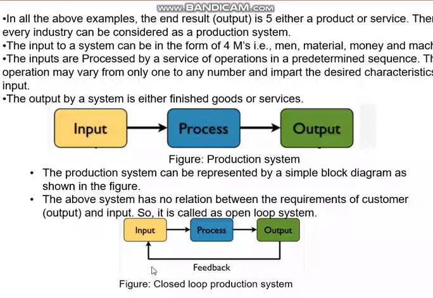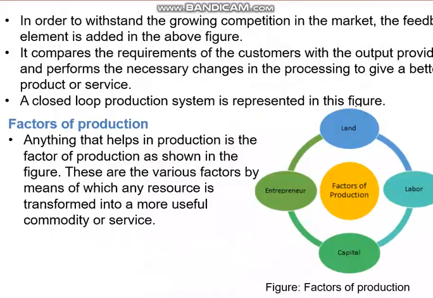We give some feedback, and this information is also taken as one of the inputs, and then they will improve it and give. Such a thing is called a closed loop production system. This is an open loop production system, and this is a closed loop production system.